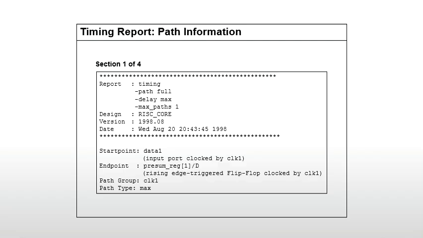In addition, the path group identifies the clock domain or timing group to which the path belongs. These details help designers understand the source and destination of the timing path, the associated clock relationship, and the nature of the timing analysis. By correctly interpreting this information, engineers can focus their timing closure efforts on the appropriate portion of the design.